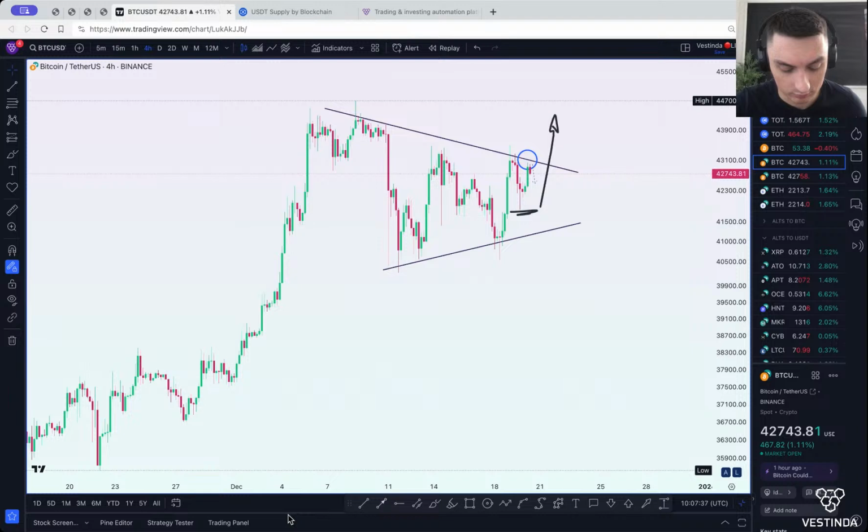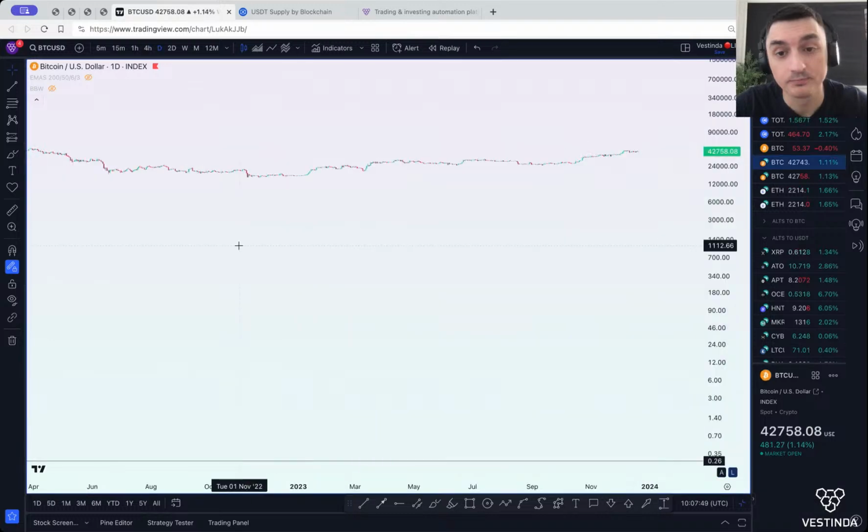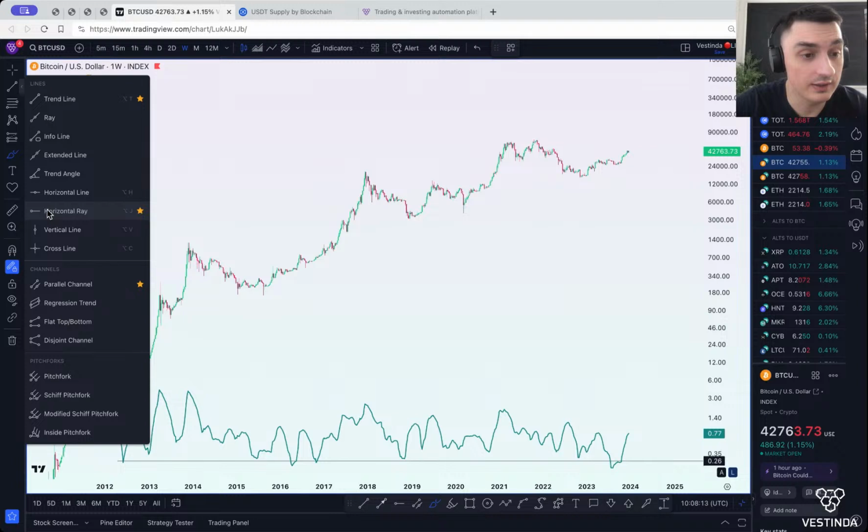So next, I have to switch over to the weekly chart to show you that. On the weekly time frame, you can notice that something really interesting is emerging on Bitcoin currently. I see that we are going to have another very interesting indicator which shows that we are in some kind of bull market and we are approaching a really important zone.